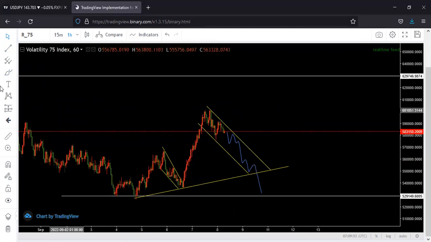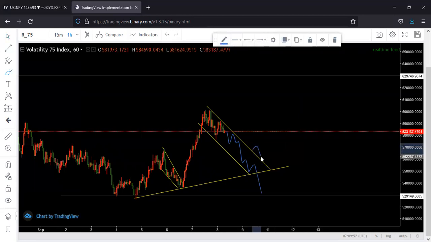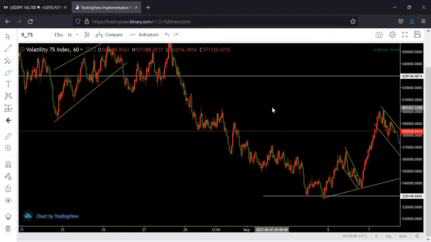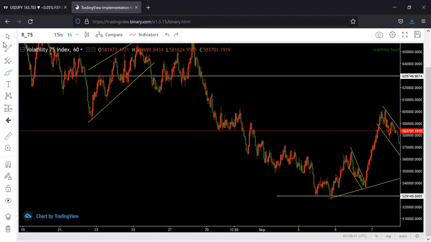So this is the probable and the possible. It can break this. Then we shall be looking for the buying opportunities. All right. But for now, I will be focusing on buying opportunities.